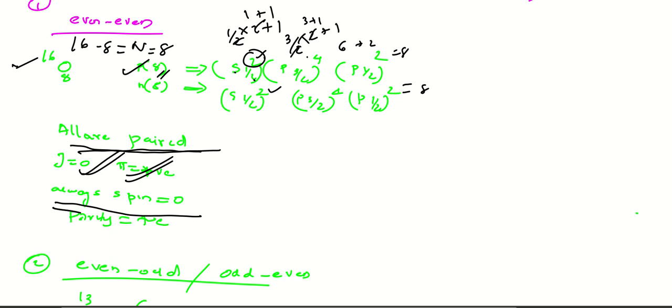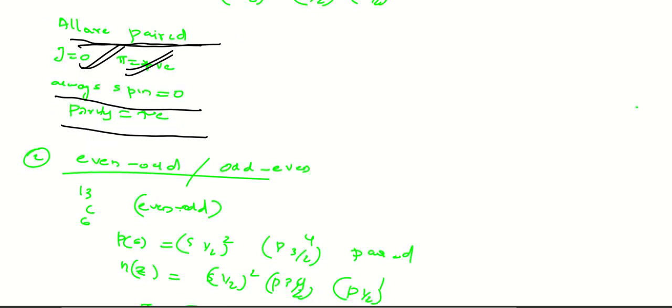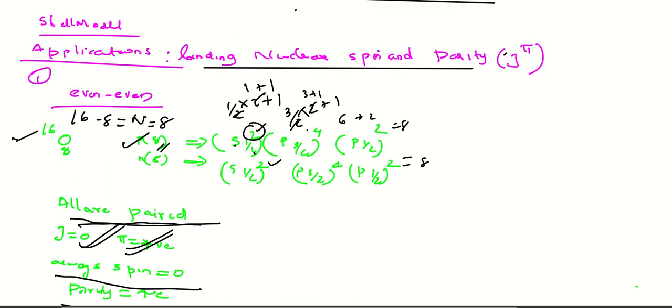For all paired, the spin is equal to 0 and parity is equal to positive. And for the even-even case, spin is equal to 0, parity is equal to positive.